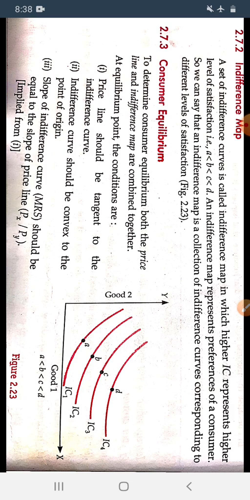So we can say that an indifference map is a collection of indifference curves corresponding to different levels of satisfaction.